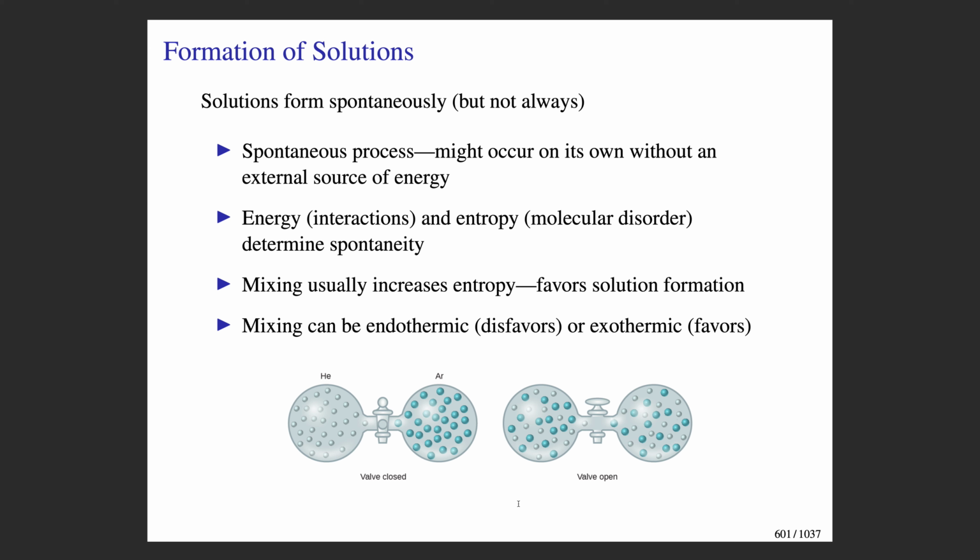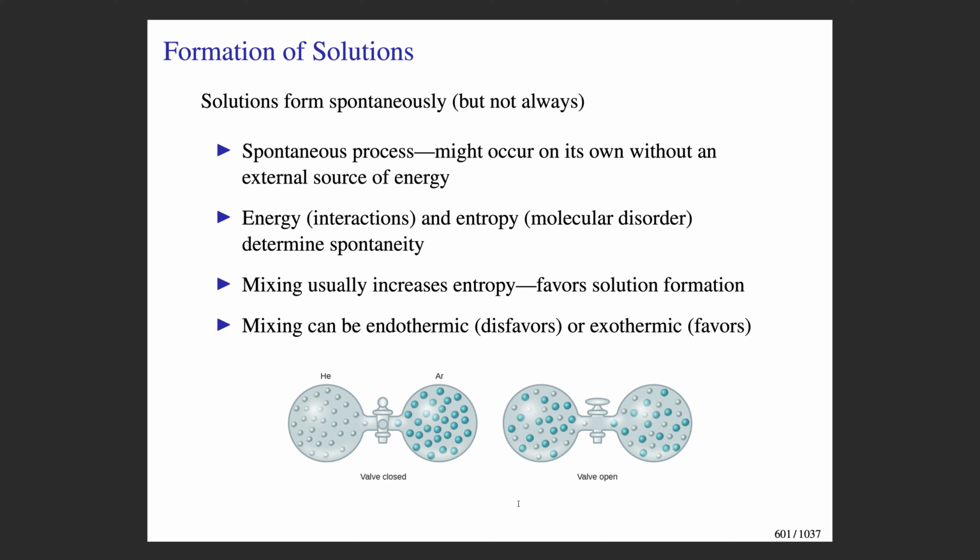For right now, I'll just have you take my word for it that when you randomly mix two substances together, that increases the entropy of the system, and that tends to favor the formation of that solution. So mixing increases entropy, and that favors the formation of solution. As I said, don't get hung up on the entropy thing. We're going to spend a lot of time talking about it later on in the course. For now, just take it as a given that if you mix two things together, that tends to favor that process occurring.